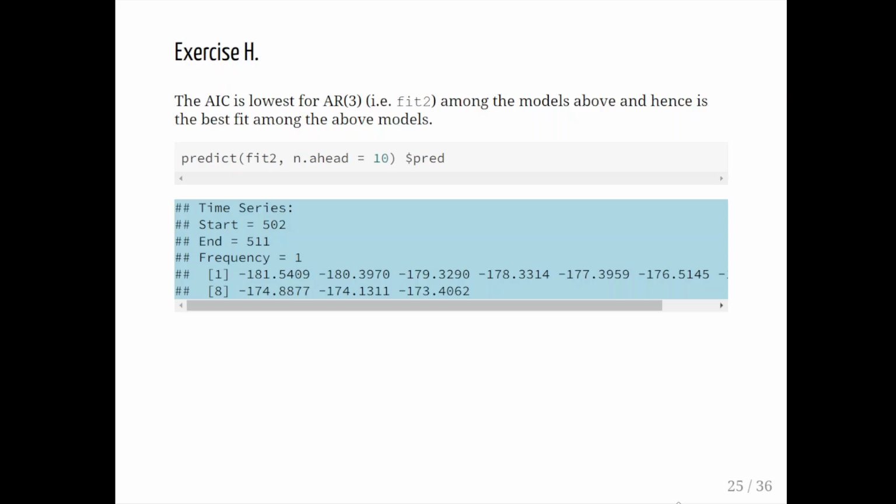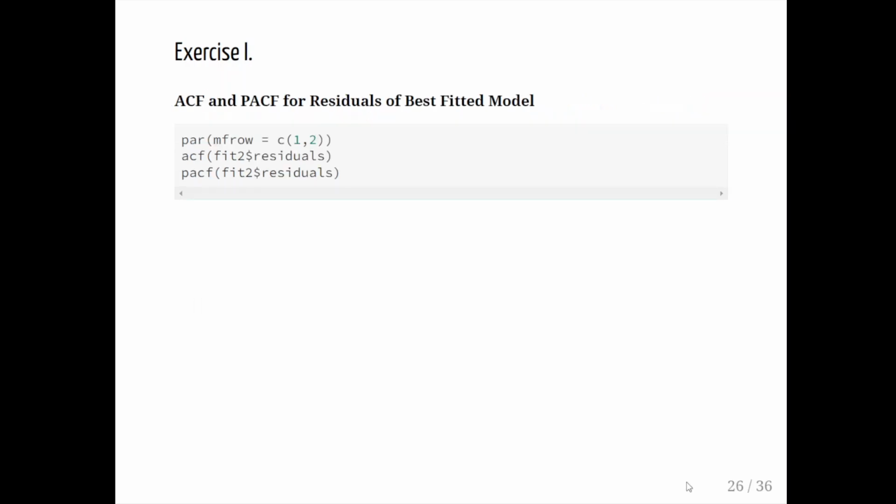So predict fit 2, that's our model. n.ahead is just the number of steps ahead, and when we fit that and get the predictions, we get these numbers here. Now we'll move on from that because I think we've got everything done there and we've got plenty to do beyond. So we're going to plot the ACF and the PACF for the residuals and interpret them. So that's the next exercise after this. But let's just plot them first.